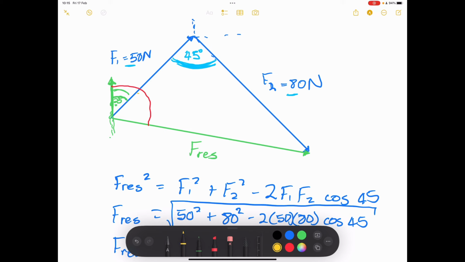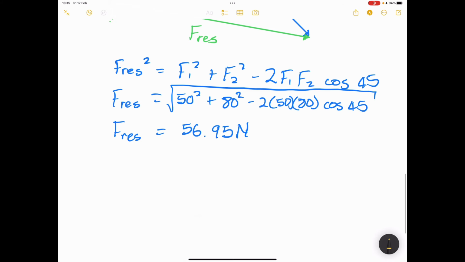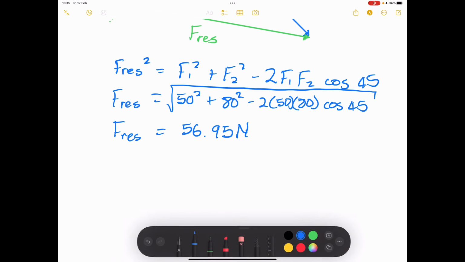I'm actually going to try and get this angle here because I already know the little green angle is 25 degrees. So I'm going to try and get this angle over here so that I can get the bearing. I am going to call that angle, if you don't mind, alpha, inside that triangle. Then I use the sine rule.